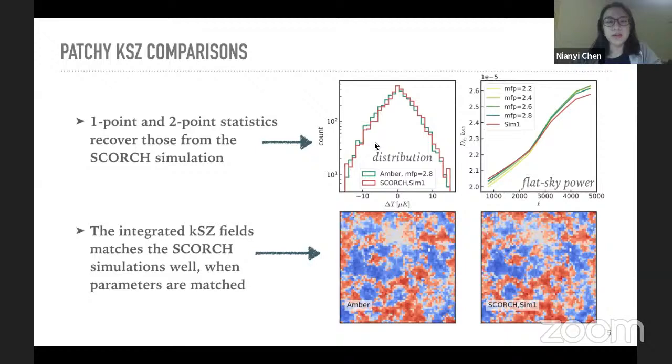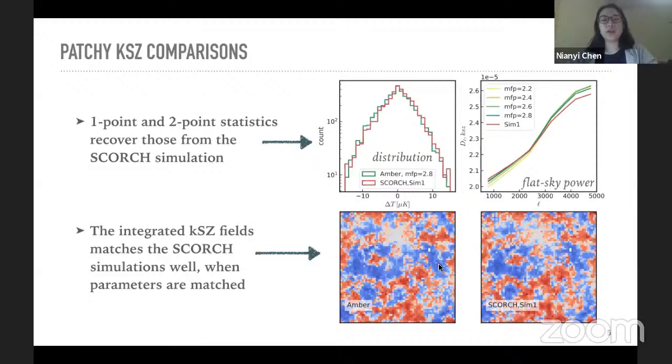Here on the top panel, I show the distribution of the kSZ signal and the angular power spectrum under the flat-sky approximation. You can see that in both cases, the AMBER results agree very well with the SCORCH simulation results. And on the bottom panel, I show a visualization of a 2D flat map from the two simulations, and they also look very close to each other.